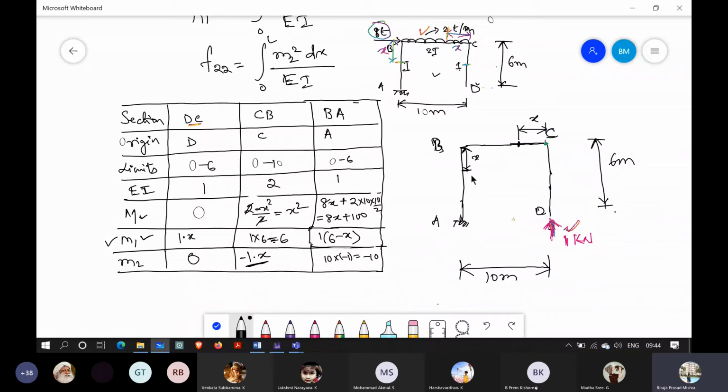No x component here because x is along this direction and the force is at an eccentricity of 10 meters from the joint B. Sorry, this is not A, this is B.